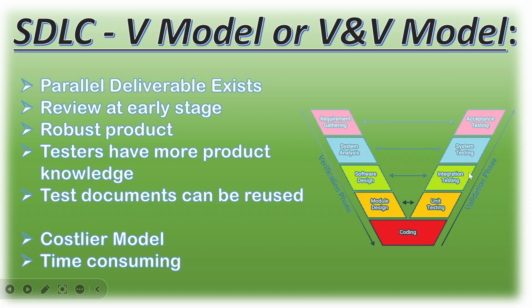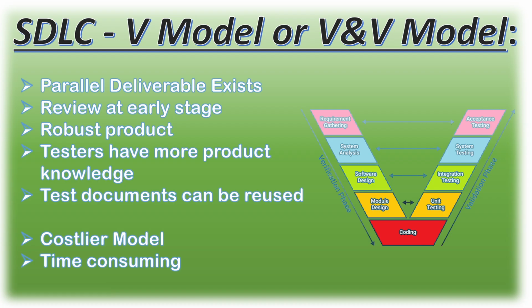Once that is completed, it comes to our testing team. The testing team will follow the integration testing documents, follow all those steps, and do the integration testing. After that, test engineers will follow the system testing documents and perform the system testing.